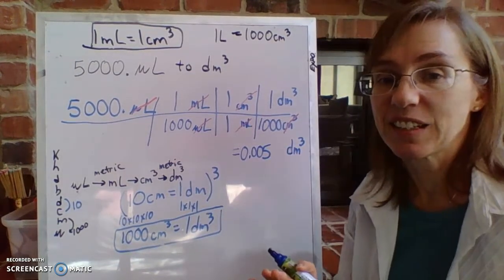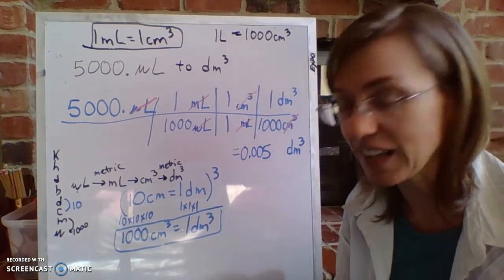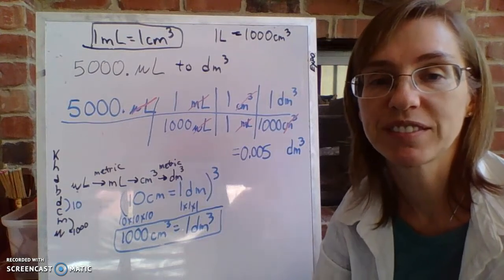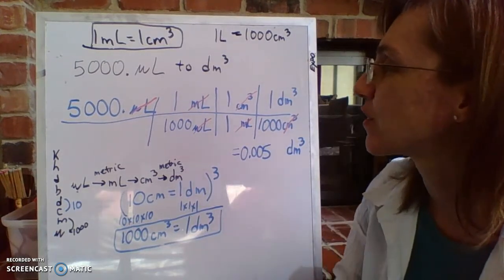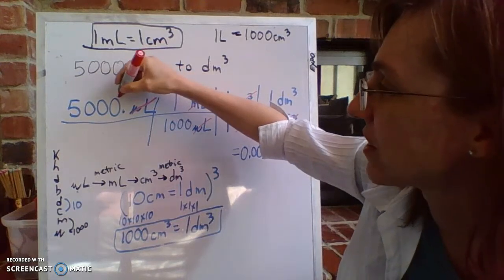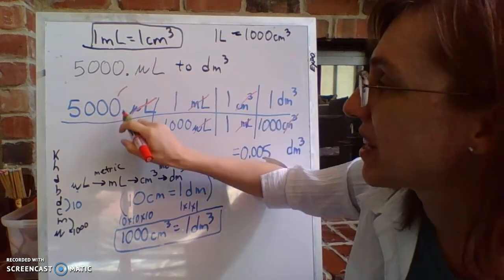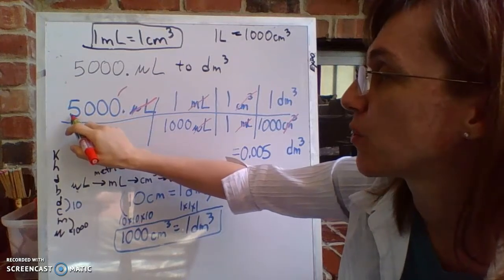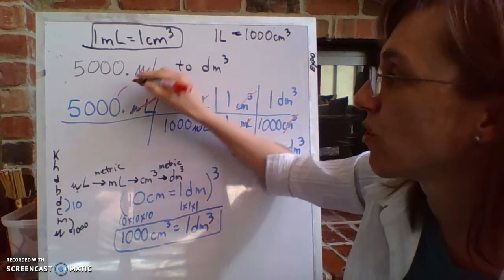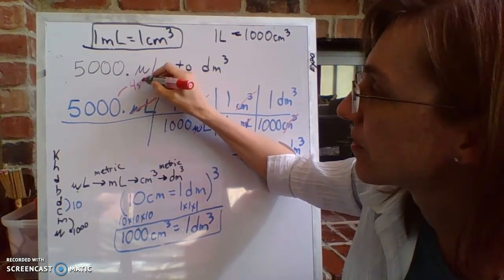We're not done yet, because what is that one question that we need to ask before we move on to a new question? Significant figures. Always significant figures. So we need to figure out our significant figures. This number, because of that decimal point, means that the zeros are significant. So we have 1, 2, 3, 4 significant figures.